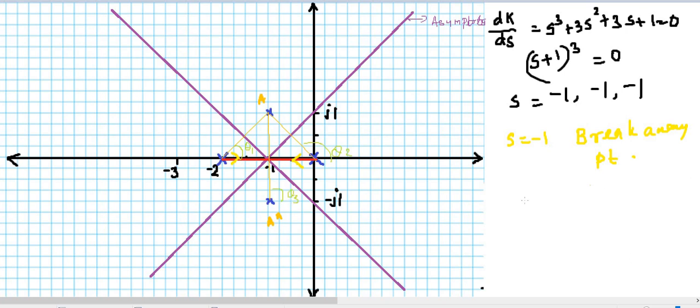So we can see that here there are no open loop zeros, only open loop poles are present.